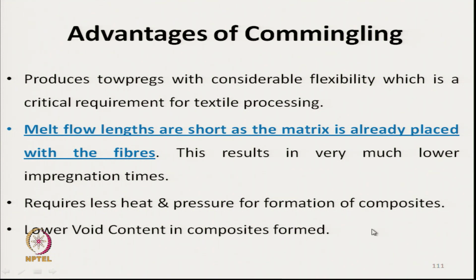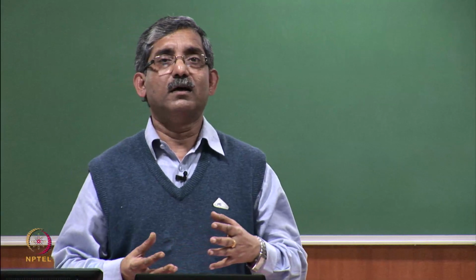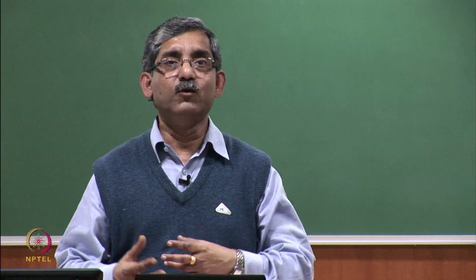So, apparently it is a very good alternative for better quality thermoplastic composite. Apart from these advantages there are a few disadvantages. The main disadvantages are the towpregs tend to demingle. Because these are mingled due to the air vortex, they are not that uniform.